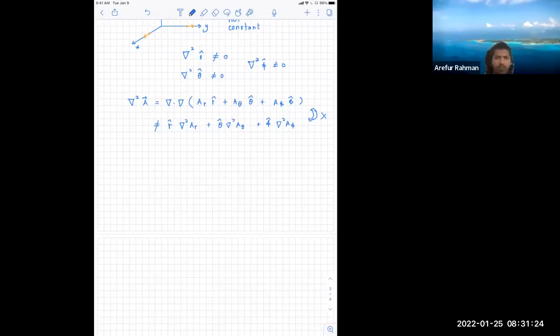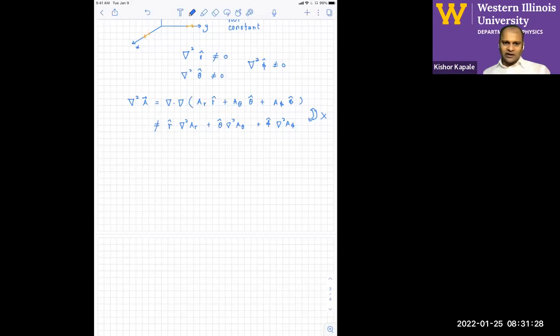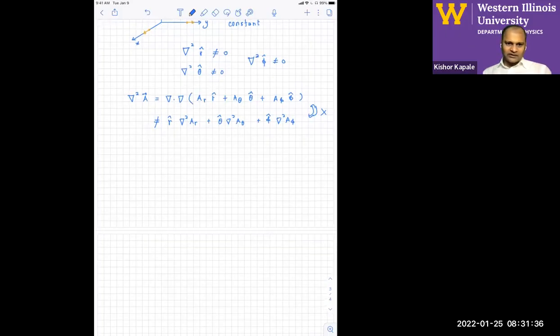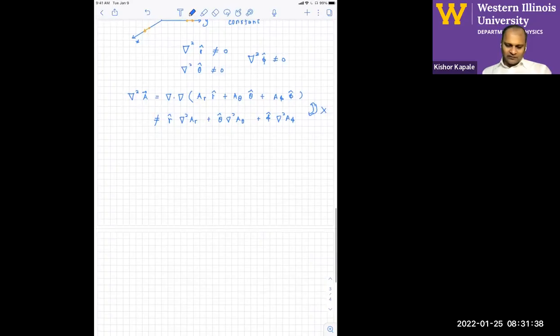Okay, so how do we use that vector identity? You could still use it if you are being careful, right? And so you need to be very careful. So let's take a look at this. How do you make this useful? What you have to do is you need to calculate the components.